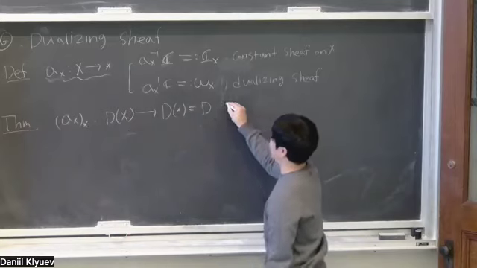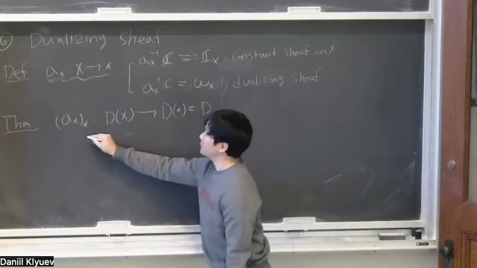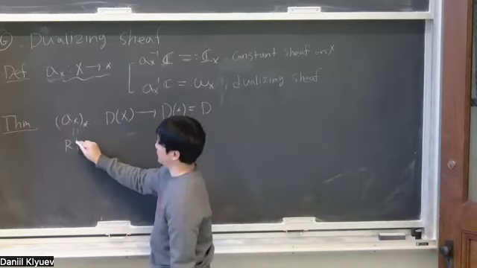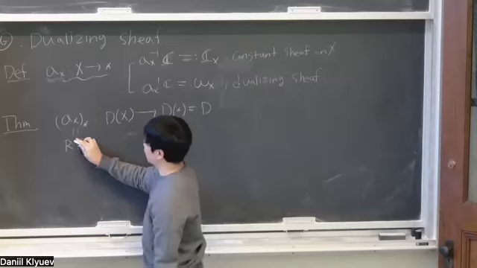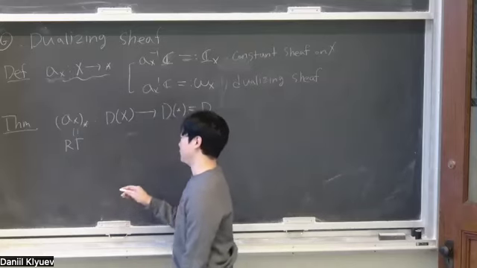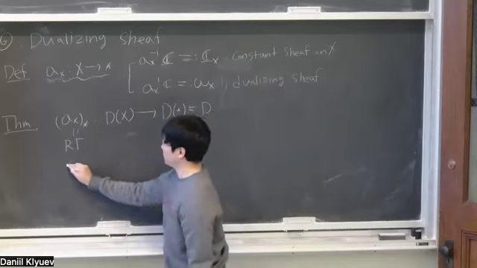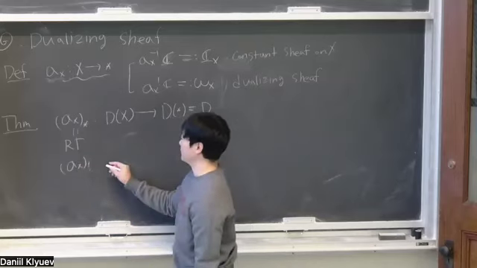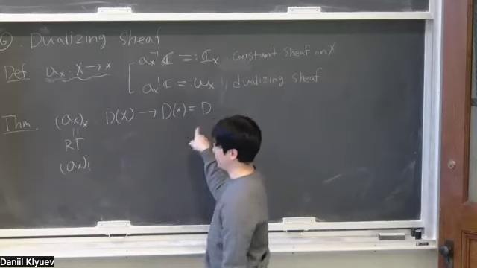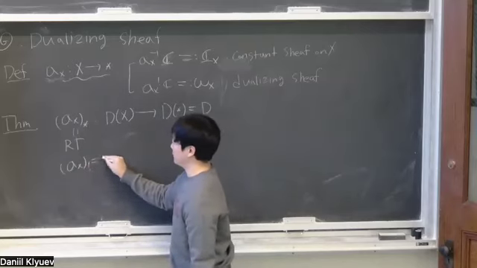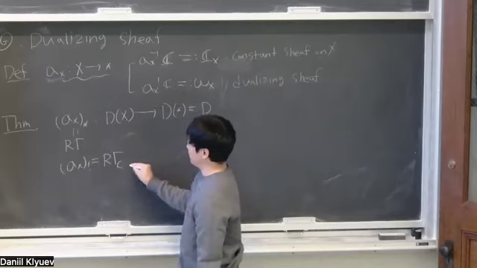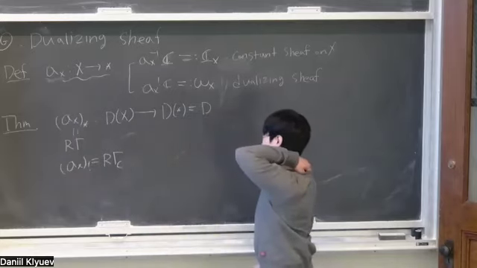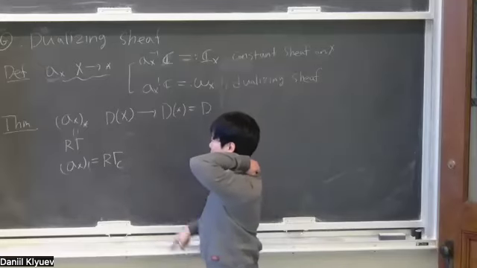What you get is actually the derived global section functor. Also, when we take the lower shriek, we get the derived functor of global sections with compact support.